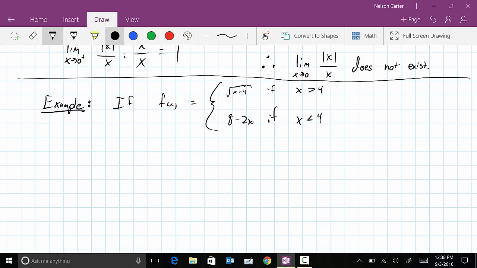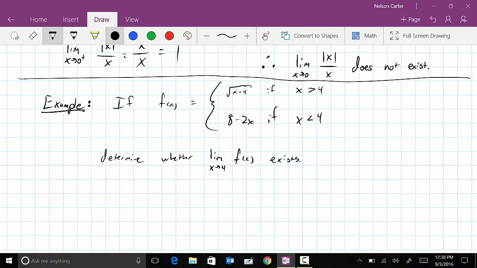We want to determine whether the limit as x approaches 4 of f of x exists.